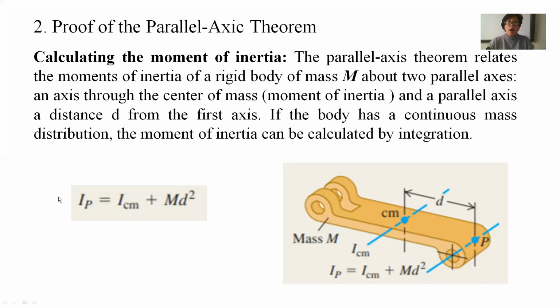This is the proof of the parallel axis theorem, because there are two terms: the moment of inertia of the center of mass, and m d squared. This is the moment of inertia about one end of the rigid body.